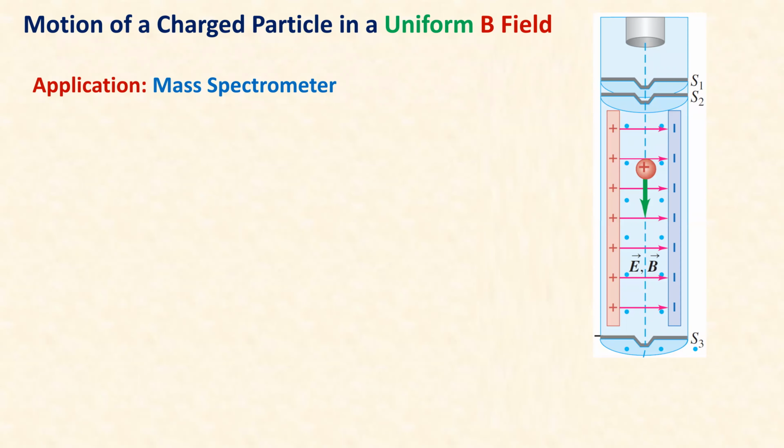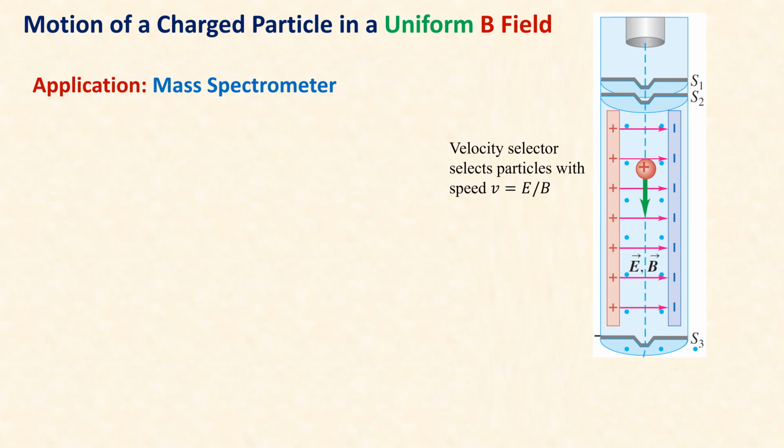In a mass spectrometer, we use a velocity selector, and the beam of atoms or particles come here this way, and they go through a velocity selector. So all of those that pass through this small hole have the same speed.